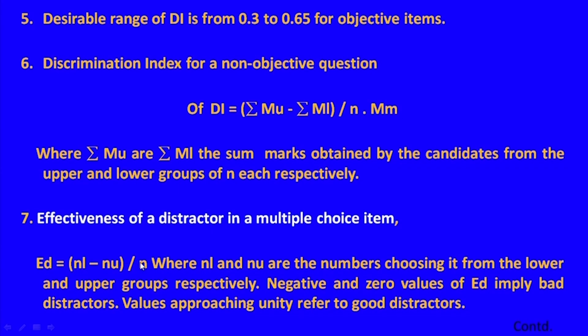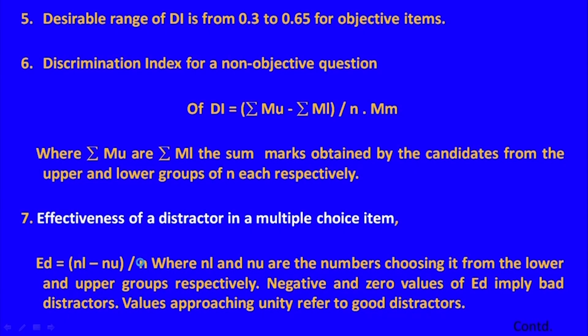It's quite obvious, because a distractor's purpose is to distract. That means if I find that more people from the lower group are choosing it and fewer people from the upper group are choosing it, then that distractor is very effective.